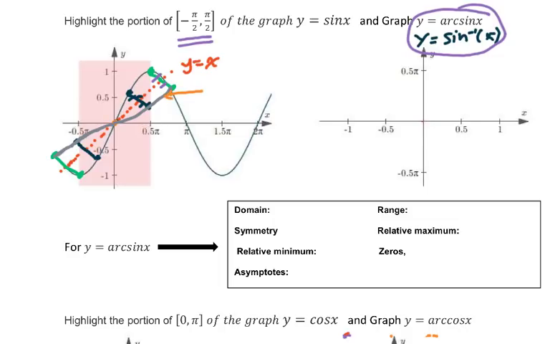This will be the inverse function, y equals inverse sine of x.